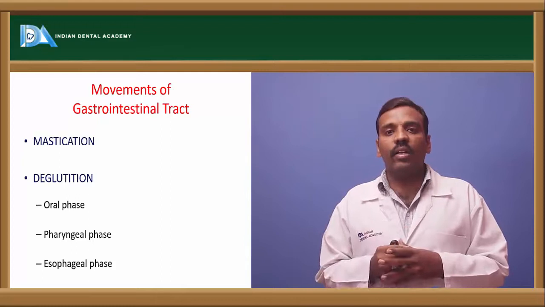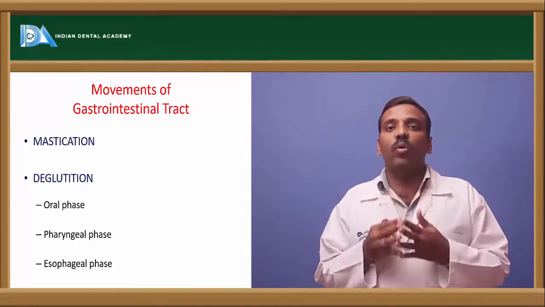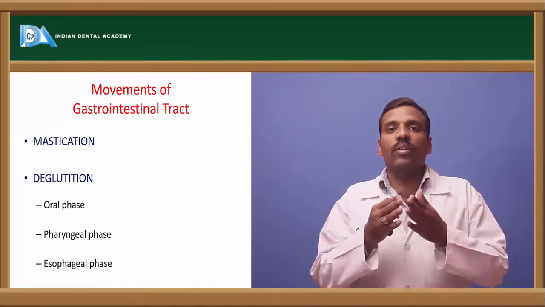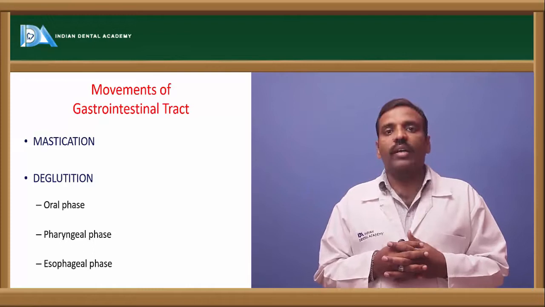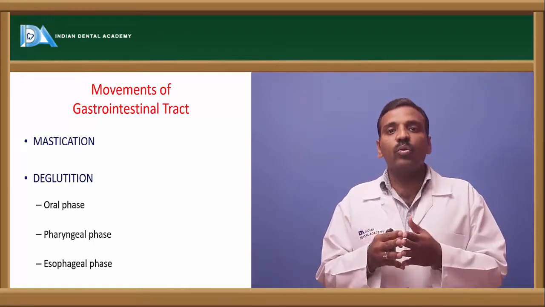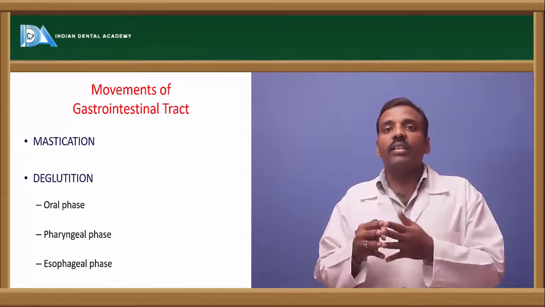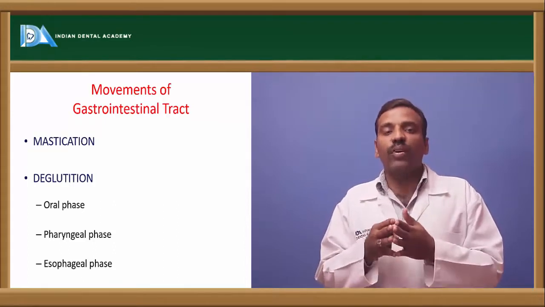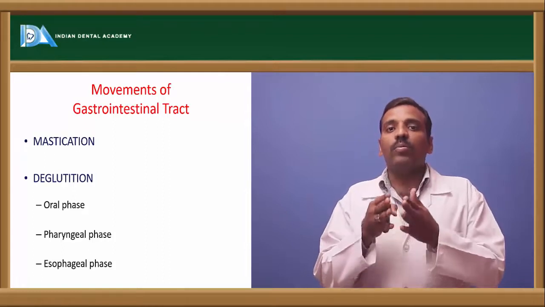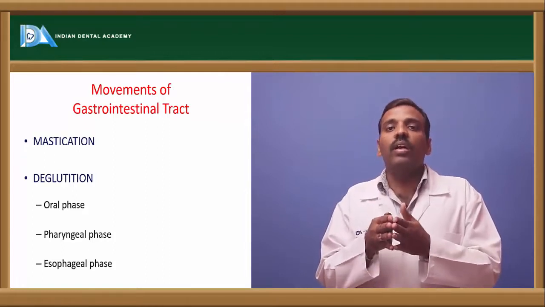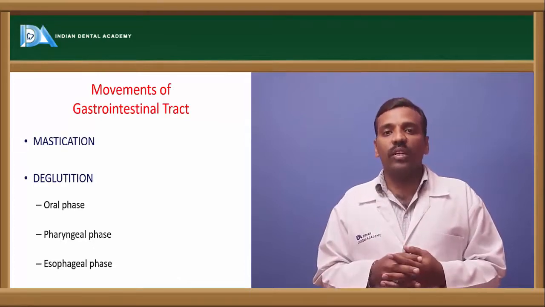And the next one is the pharyngeal phase. The movement of that bolus of food material from the pharynx to the esophagus is called the pharyngeal phase. After that comes the esophageal phase, in which the movement of the bolus from the esophagus to the stomach is called the esophageal phase.